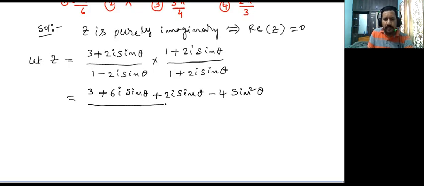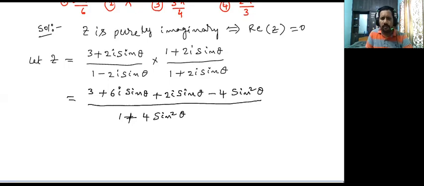Divided by, in denominator, a minus b into a plus b, a square minus b square, but this is a complex number. Now i square value is minus 1. We get 1 plus 4 sin square theta. Now first write the real part, 3 minus 4 sin square theta.